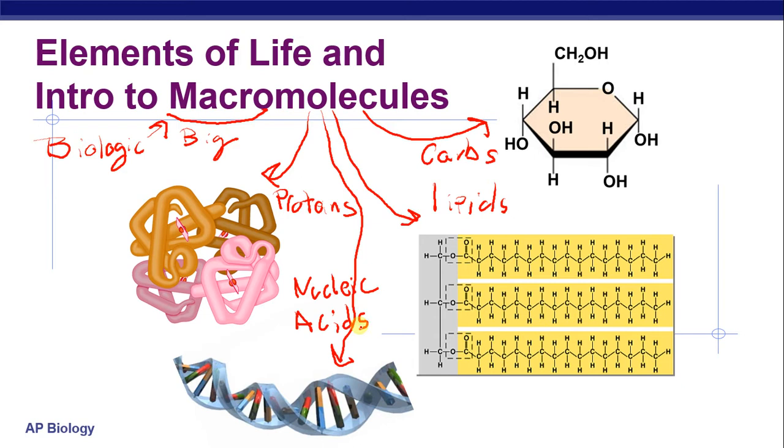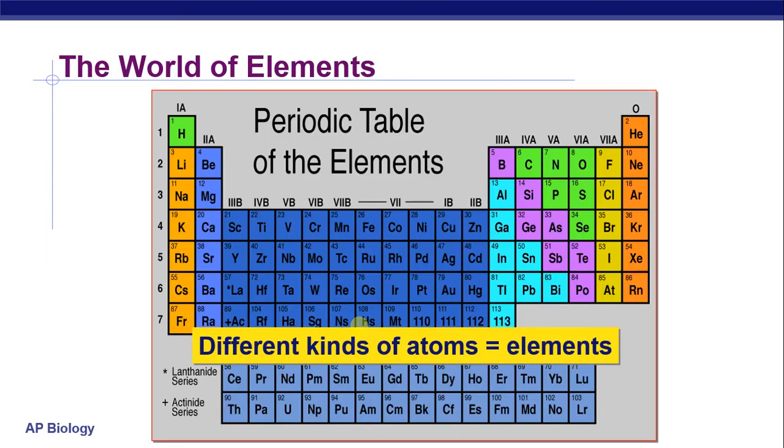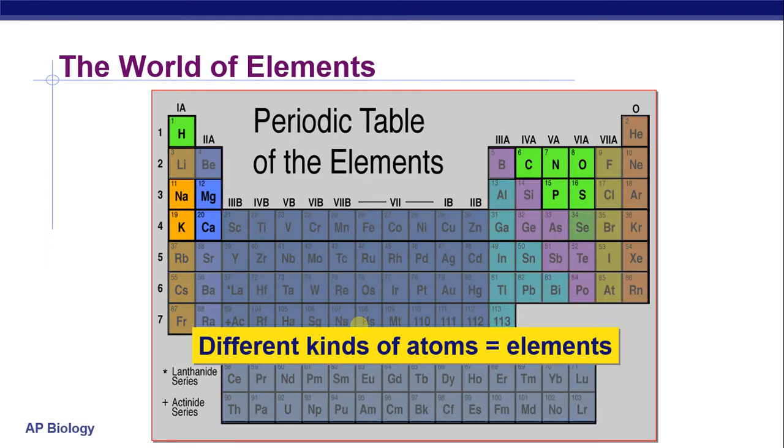And in the near future, we'll be doing short little videos on each of these four. But today we just want to get oriented with what are macromolecules, why are they important, and how do we form them. So let's just review that all of these macromolecules are made up of those same small handfuls of elements.